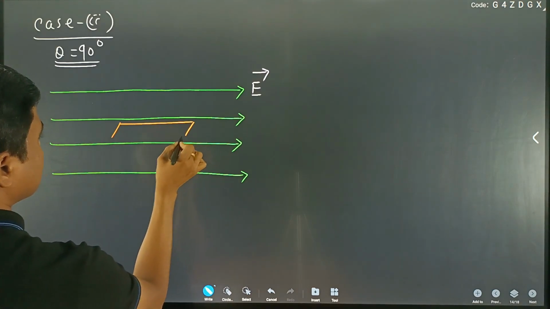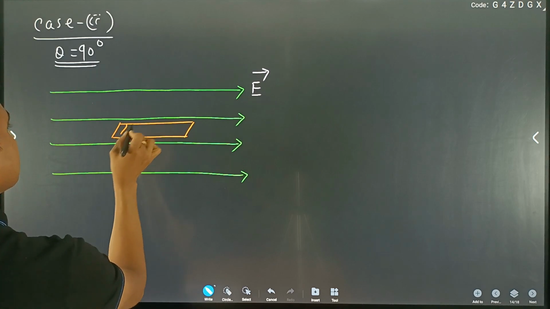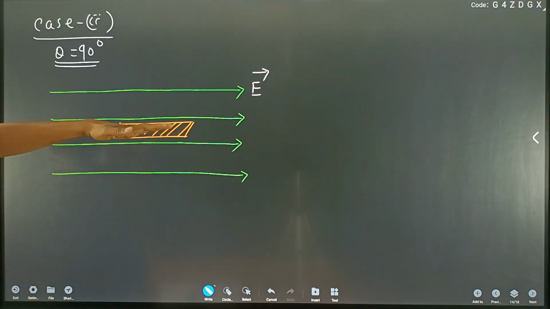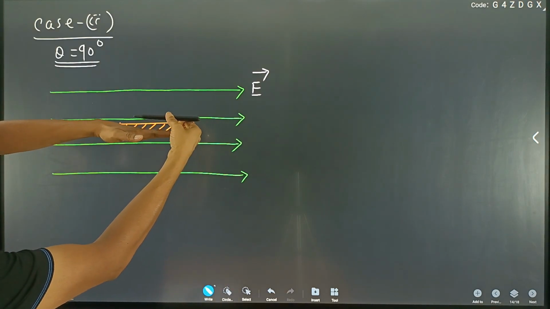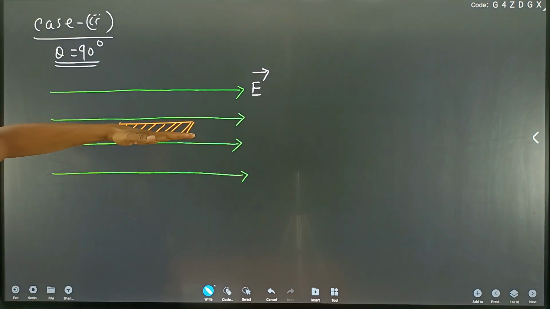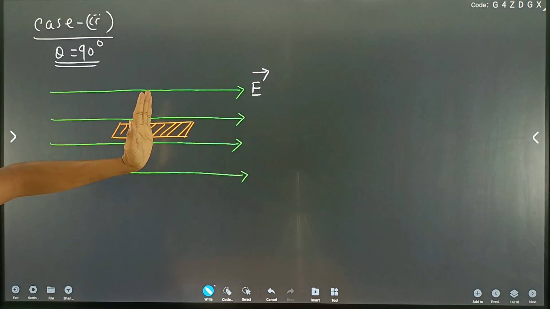And this is the small surface area. This small surface area is parallel, just like this. The small surface area is parallel to the direction of the electric field, just like this, not perpendicular. That is parallel to the electric field.